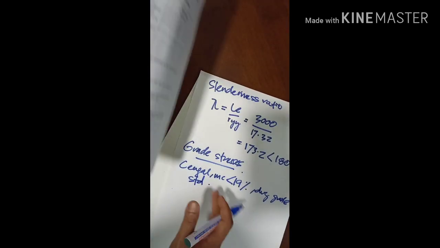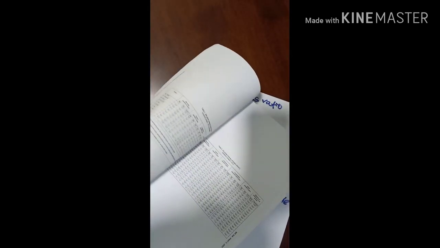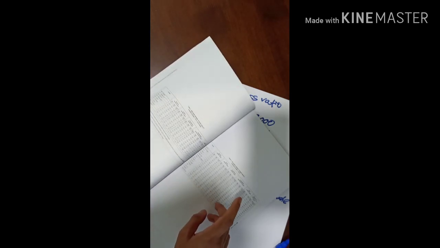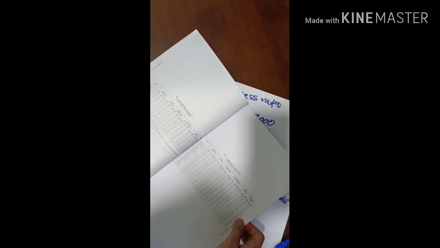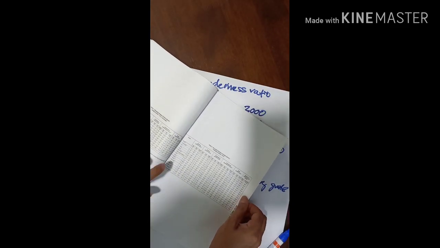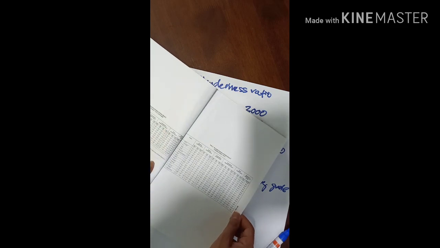By referring to Table 2, since it is a dry grade, let us find the timber of cengal.